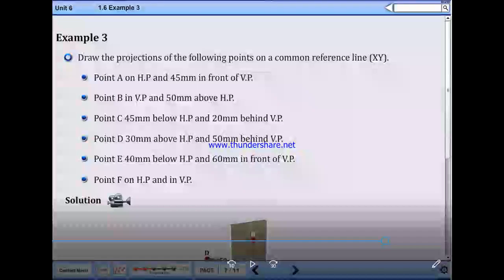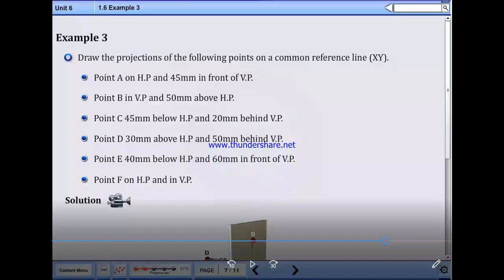Now example 3. Draw the projections of the following points on common reference line XY. Point A on HP and 45 mm in front of VP. Point B in VP and 50 mm above HP. Point C 45 mm below HP and 20 mm behind VP.